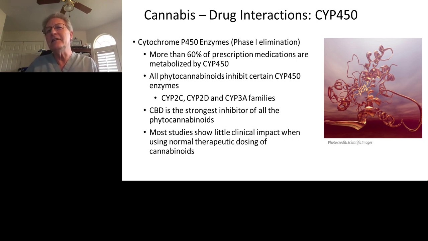And more than 60% of prescription medications are metabolized by this phase 1 elimination system, or the cytochrome P450 system. And all phytocannabinoids inhibit certain cytochrome P450 enzymes. Those main 3 families that we see are the CYP 2C, 2D, and 3A families. CBD happens to be the strongest inhibitor of all of the phytocannabinoids that we know to date.